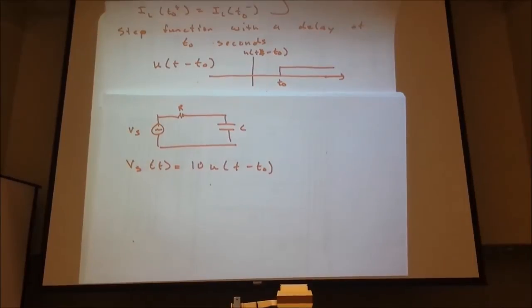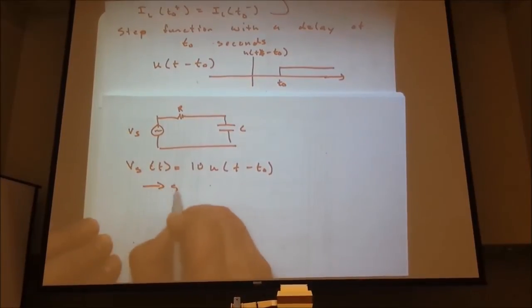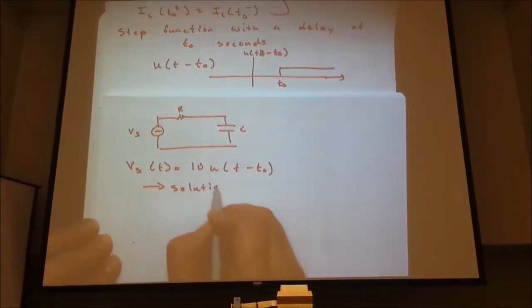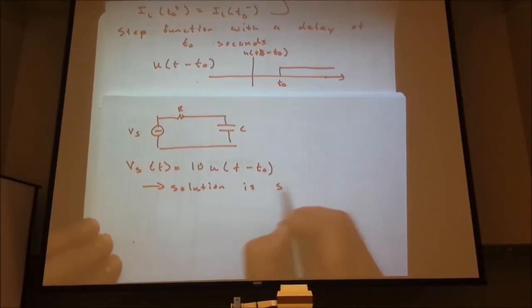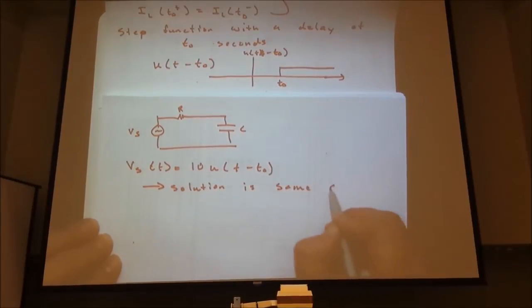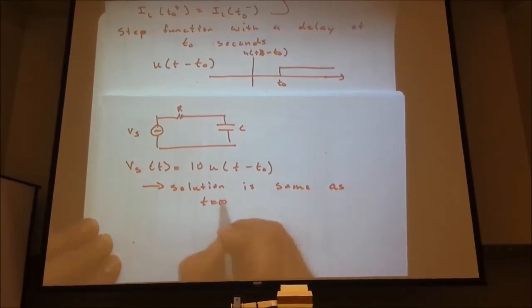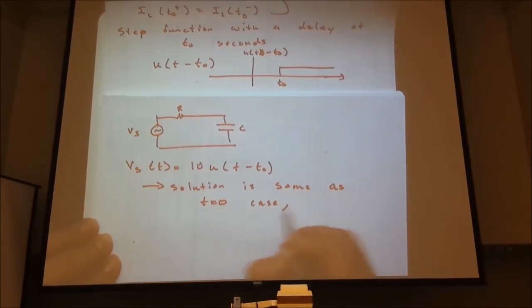We're still going to have that same homogeneous term, and still a DC steady state term. Our solution is going to look exactly the same as the t equals 0 case, but shifted, or if you prefer, delayed.